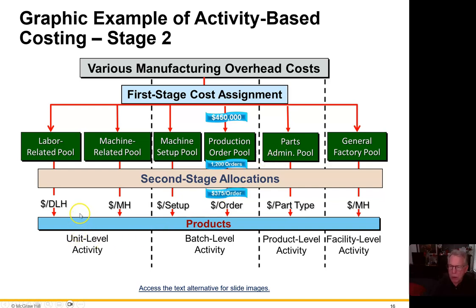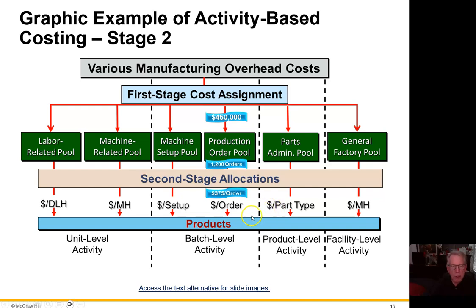Well, how we would do that is we would look at the labor-related pool, and pretty logically we would use dollars per direct labor hour, for example. If we look at machine hours, we could look at dollars per machine hour. For machine setups, we could use dollars per setup. For production orders, we could use dollars per order.